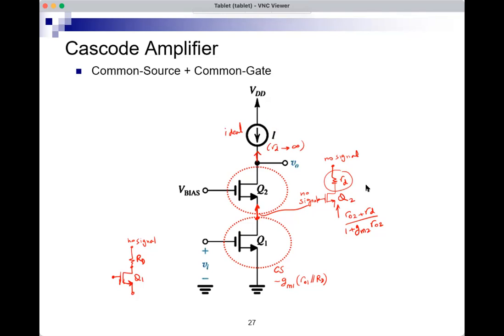But even if it's not an ideal current source and has a certain output resistance, let's call it ROX, so let's say non-ideal output resistance ROX, then this is what I will use here as RD. So if this is non-ideal and has an output resistance ROX, this becomes the RD for Q2 and the formula. And I will use it here. So this is ROX.